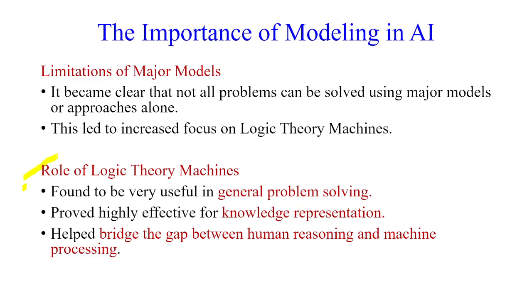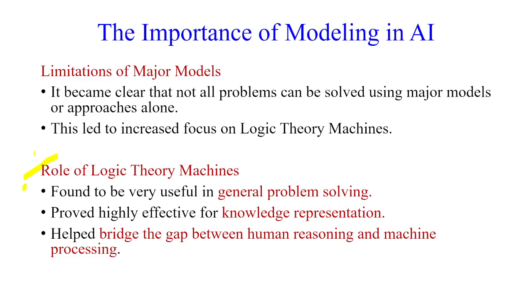Logic theory machines were found to be very useful in general problem solving. Unlike earlier rigid models, they could handle a wide variety of problems. They also provided a highly effective way of knowledge representation, which is a process of storing and organizing information so that a machine can use it to reason and make decisions.